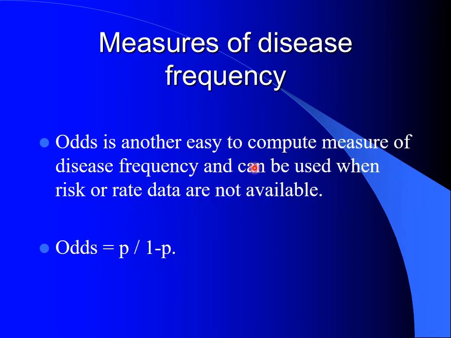So odds is another easy to compute measure of disease frequency and can be used when risk or rate data are not available. We don't have follow-up data. You have only cross-sectional data at one time point. Odds is computed as proportion of occurrence to proportion of non-occurrence.